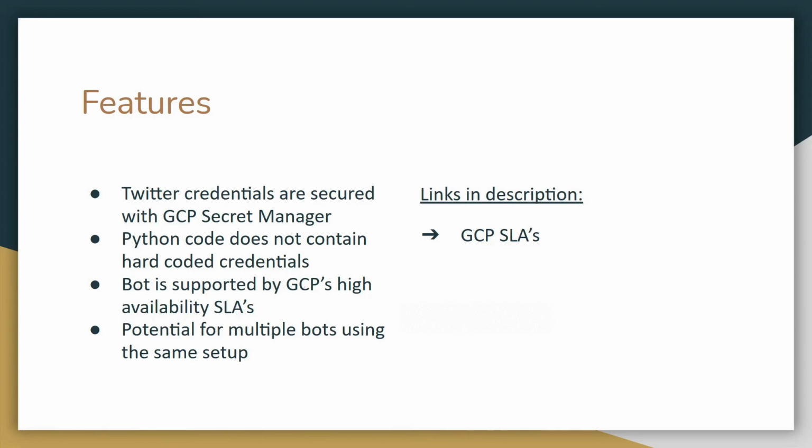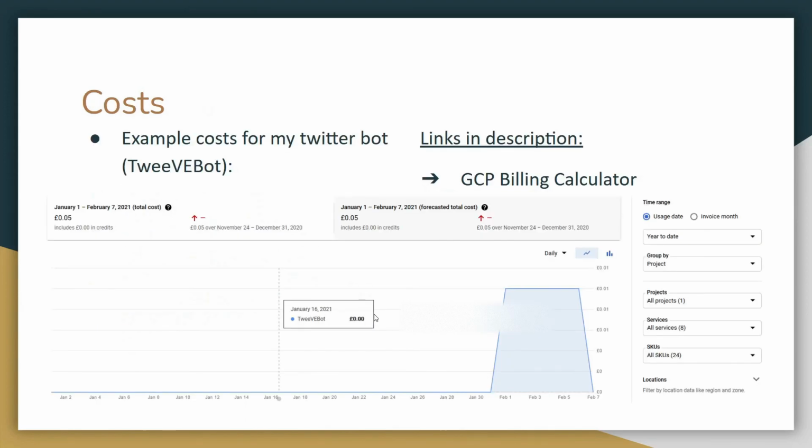Lastly, let's have a look at billing and costs for a project like this. On the bottom of the page here, you can see my current billing predictions and costs for the period of January 1st to February 7th, 2021. In total, I've spent 5 pence, so therefore the project is, for me, incredibly affordable.